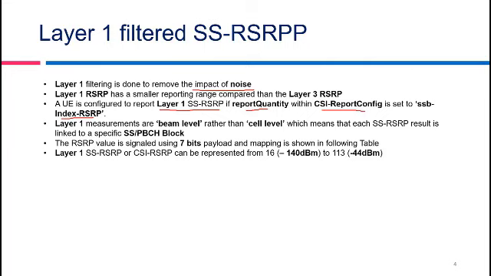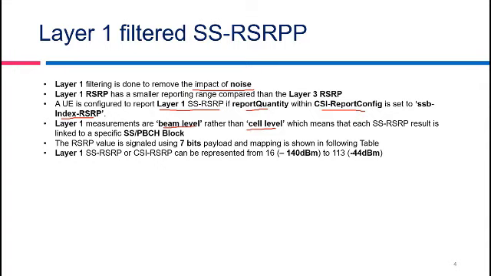Because 5G has multiple SSBs which can be identified by an index, and when the UE is doing the SS-RSRP measurement at layer 1, it will be decoding one of those SSB beams. That's why the layer 1 measurements are known as beam level measurements rather than cell level measurements.